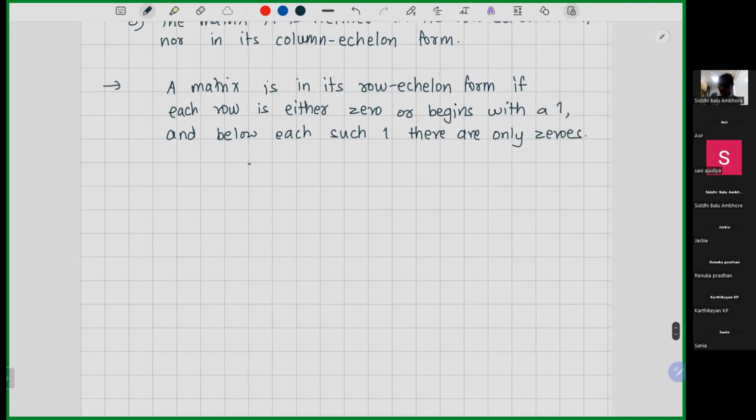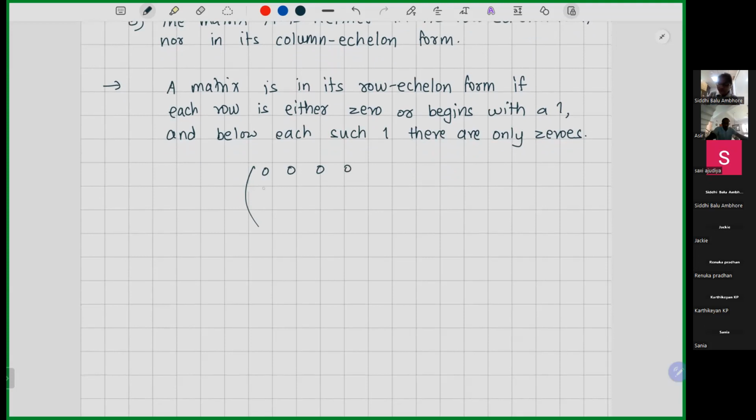So for example, we are talking about row echelon form, so we will be checking the conditions over the rows. If the row is 0, we don't care. But if a row has any non-zero entry, then the first non-zero entry, checking from left to right, must be 1.